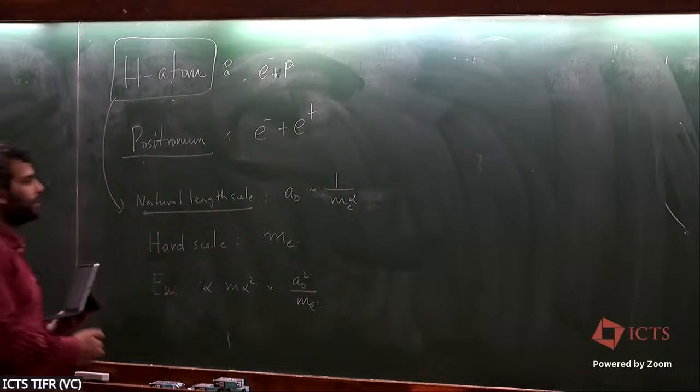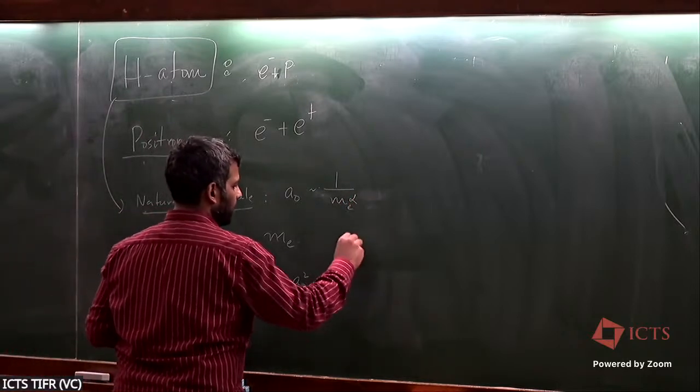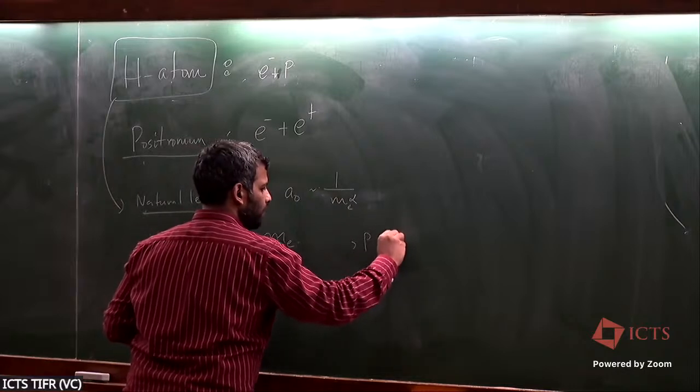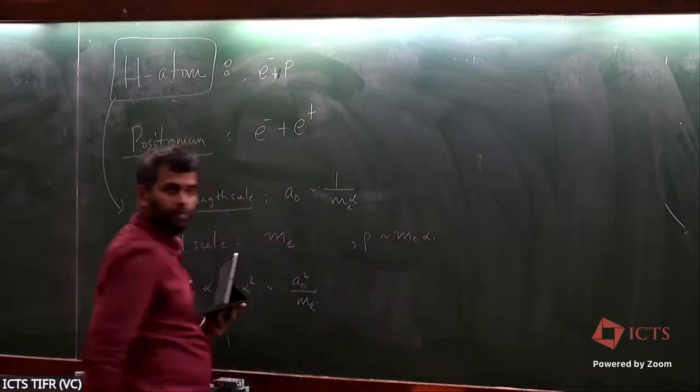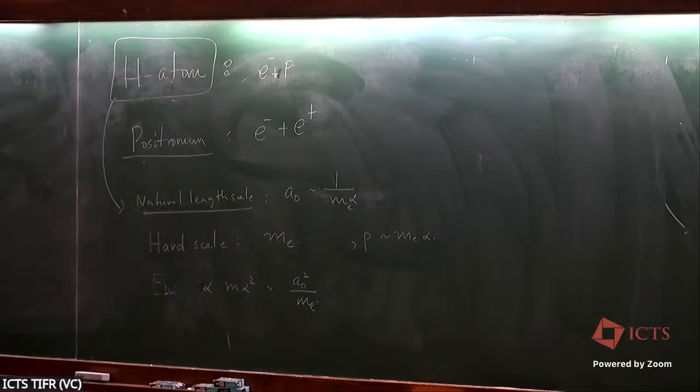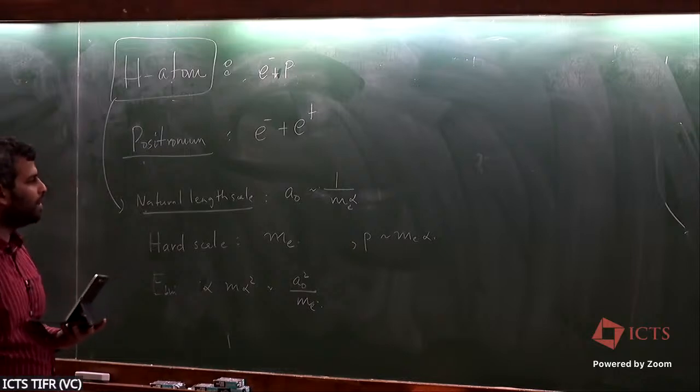And momentum is me alpha. Okay. Everybody recalls the hydrogen atom, this formula. So this is what we have if you look for like Wikipedia or everything. So the alpha is the alpha QED here.